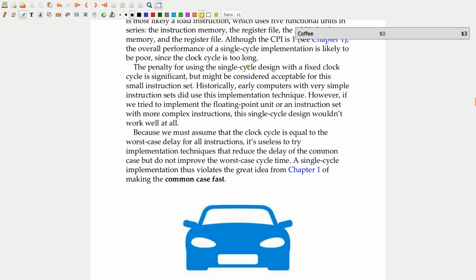The penalty for using a single cycle design with a fixed clock is significant, but might be considered acceptable for this small instruction set. Historically, early computers with very simple instruction sets did use this implementation technique. However, if we tried to implement a floating point unit or an instruction set with more complex instructions, this wouldn't work well at all.